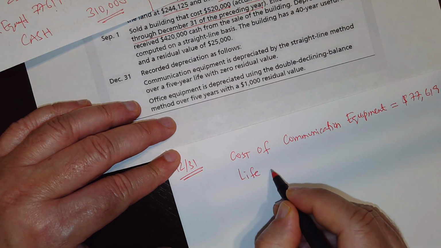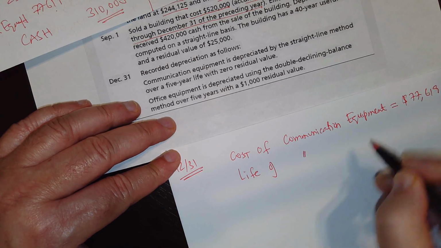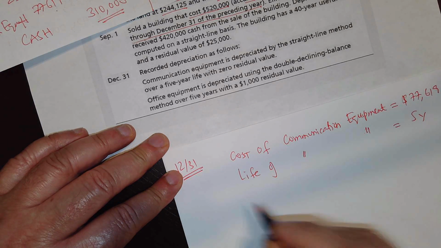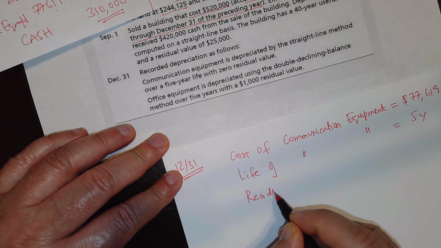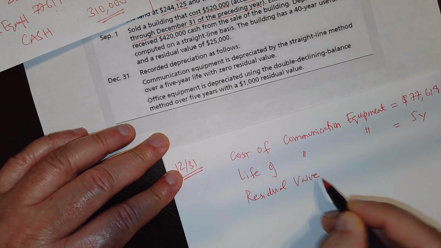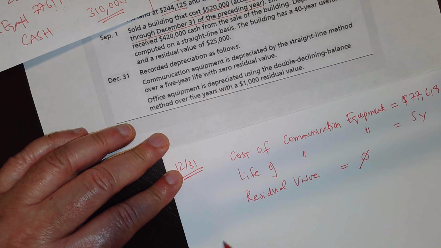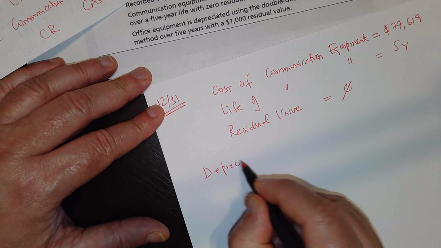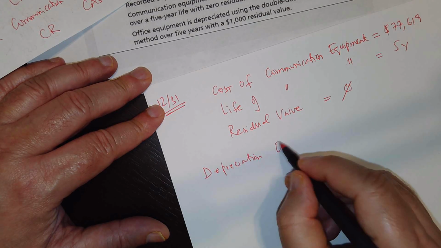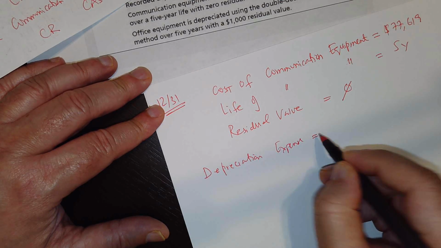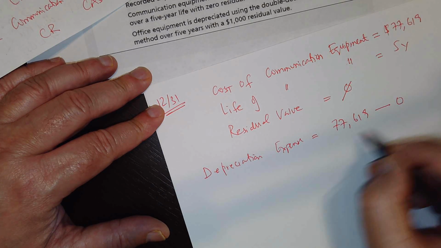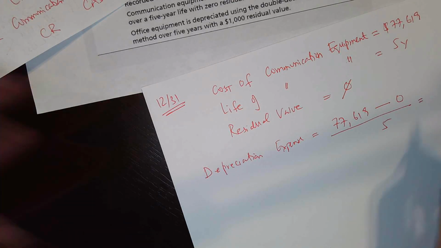Life of communication equipment is equal to 5 years, and residual value is equal to 0. So depreciation expense is equal to 77,619 minus 0 divided by 5.